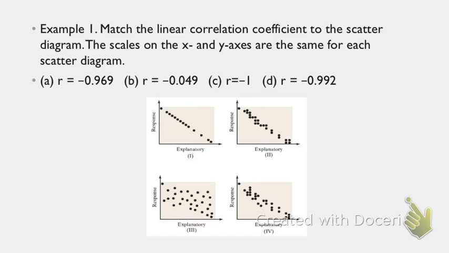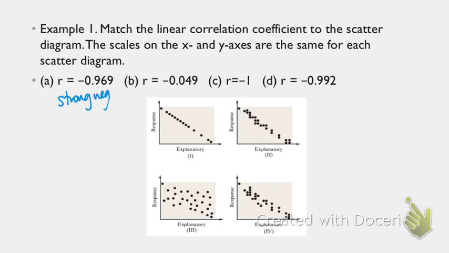We're going to match these with their scatter plots. So these are R values. What I want to do first is go through and label the strongs, the weaks, and then perfect. Okay, so A would be strong negative.